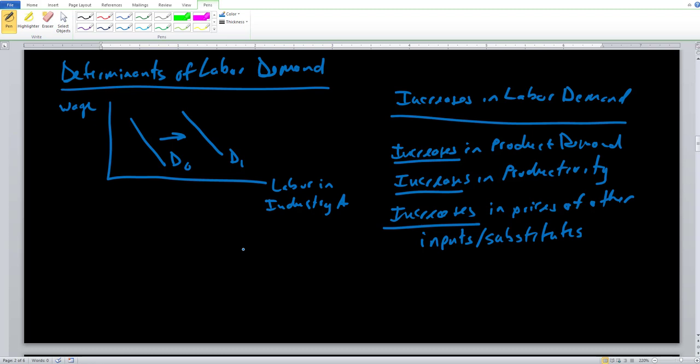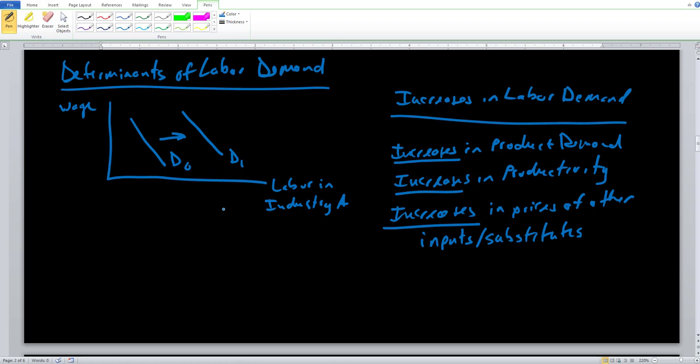You hire more workers, you give each of them a shovel and say, hey, start digging. So that just gets into the idea that there is some degree of substitutability between our factors of production and inputs. And if there are increases in the prices of the other factors of production, that means you want to go with the more cost-effective factor of production, and that's going to be labor in this instance. So three determinants of labor demand right here.